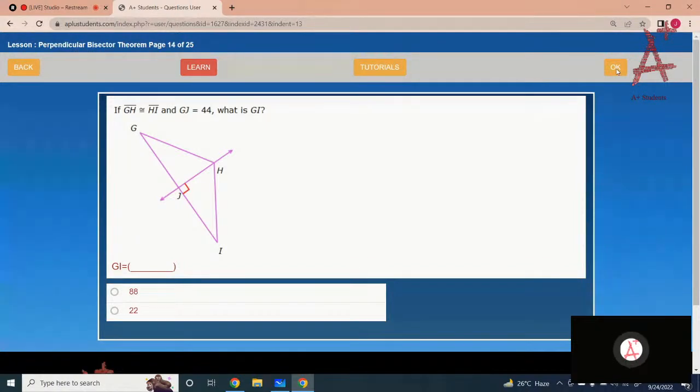Okay, the next one is, if GH equals HI and GJ equals 44, what is GI? GJ is 44. Then JI is also 44. Good. And 44 plus 44 is 88. So it is 88.